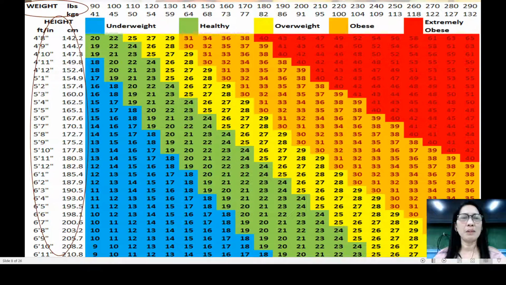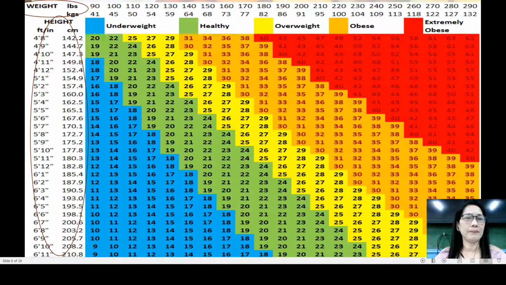So para makuha yung meter, i-convert ang centimeter to meter, move the decimal point 2 digits to the left. So, ibig sabihin, 100 centimeter is equivalent to 1 meter. So, move the decimal to the left for 2 digits. Okay? And your feet is in inches.